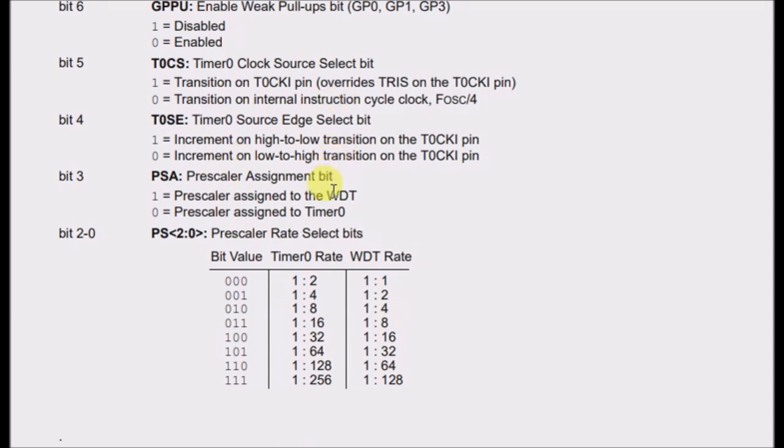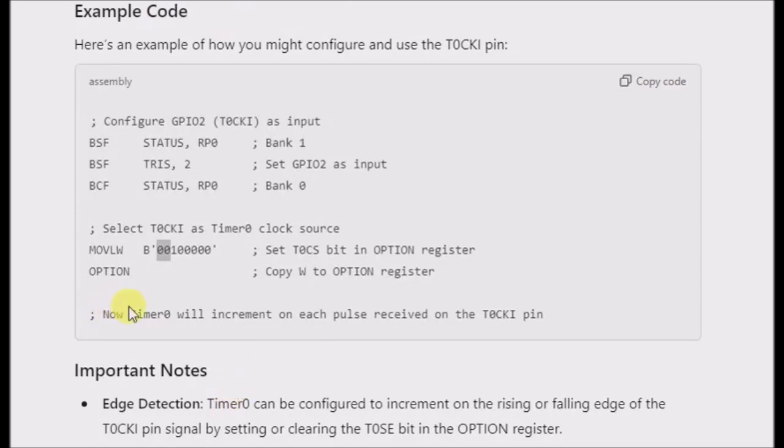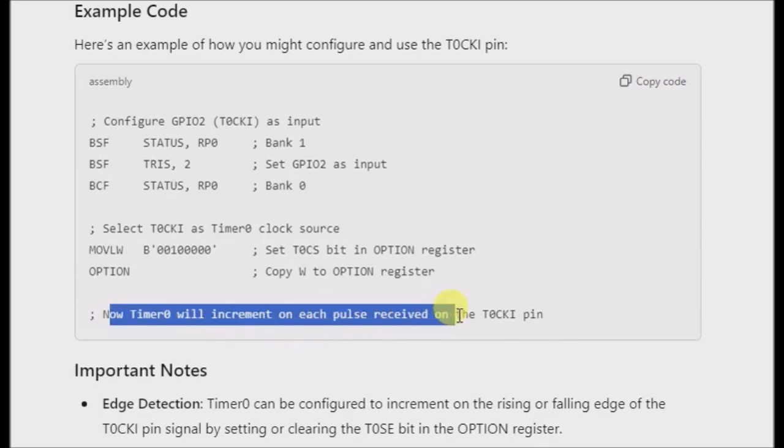I don't ever want to use the watchdog timer, really. And then in this ChatGPT example, it's suggesting the rate is 1 to 2 for the prescaler. Now timer 0 will increment on each pulse received on TOCKI pin.